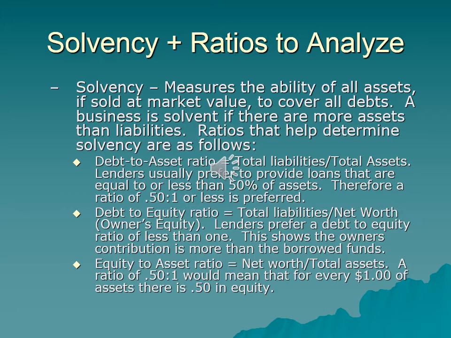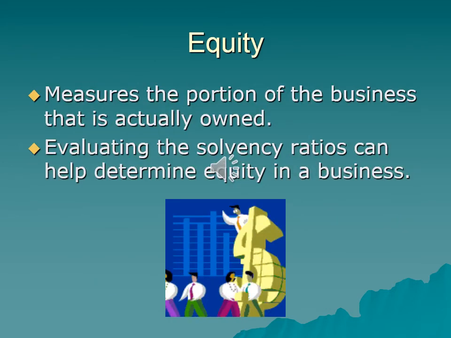A ratio of 50 to 1 would mean that for every $1 of assets there is 0.50 in equity. What do we mean by equity? Equity measures the portion of the business that is actually owned. Evaluating the solvency ratio can help determine equity in a business.